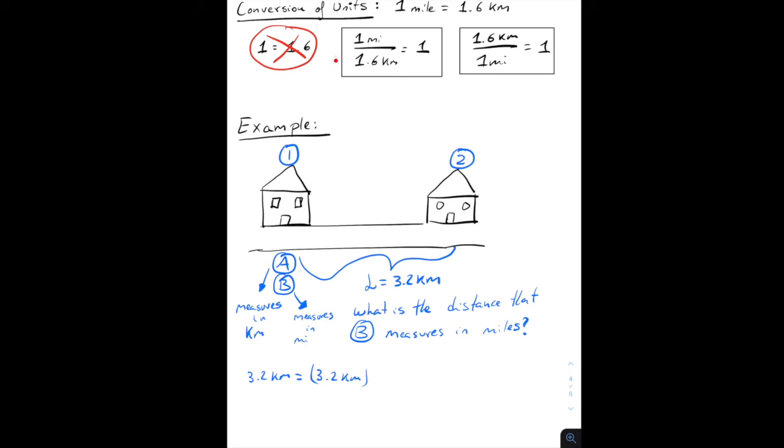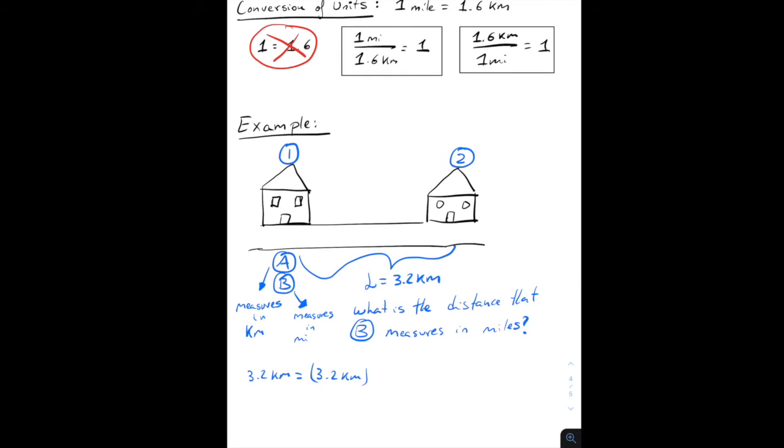So the right ratio should be this one, because in our expression here, kilometer is on top, and here kilometer is on the bottom. So this will allow us to cancel the unwanted units, which in this case are kilometers, and get the wanted units, which are miles.